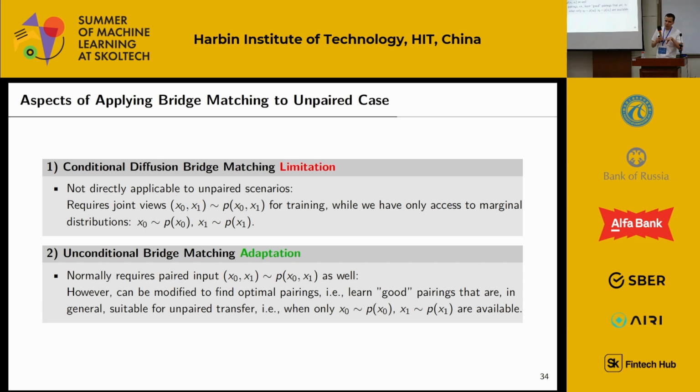But unconditional bridge matching can be modified the same way that flow matching is modified, to produce a rectified flow-like algorithm which allows us to recover one specific pairing of data, which in some sense preserves the content during translation from one domain to the other in the best way.